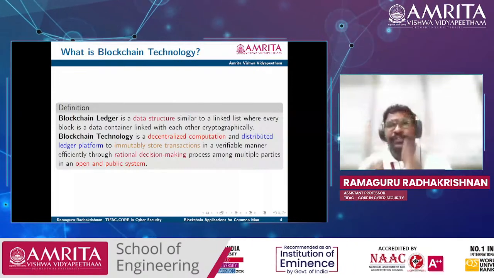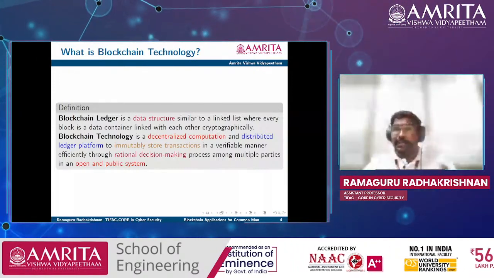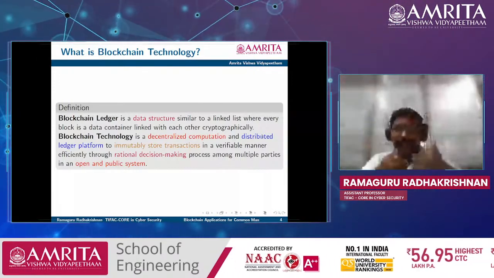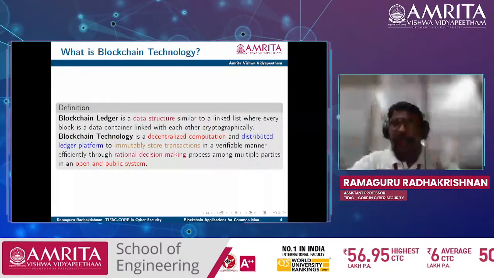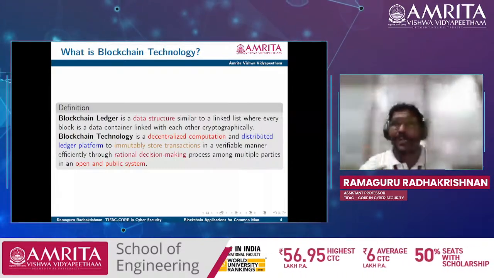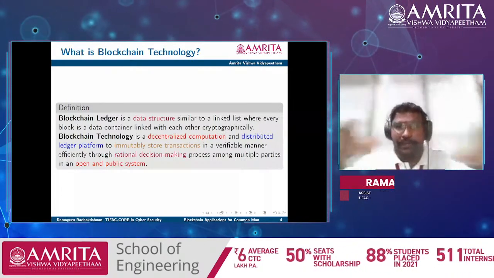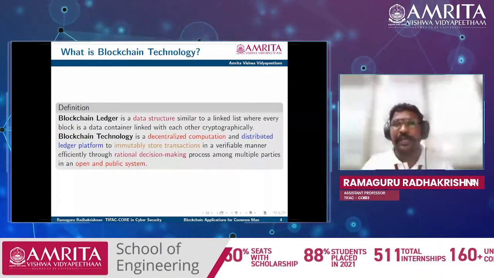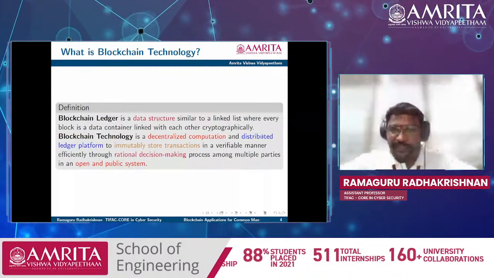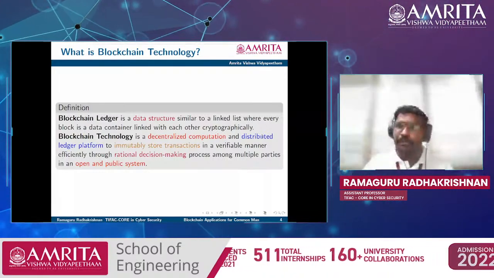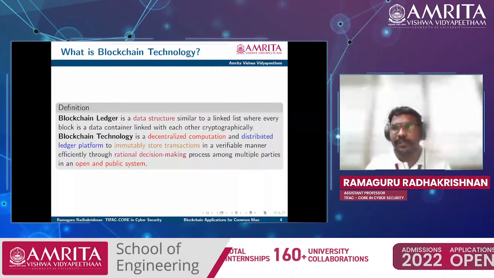So what we do is we take this data and distribute it to a network. We are creating our own network where we will be able to transfer the value. So I create my own network, which I call a blockchain network, where each of the users is identified by an account number similar to a traditional bank account.